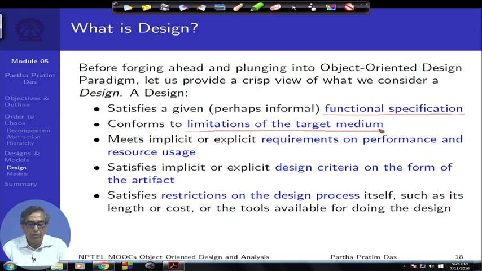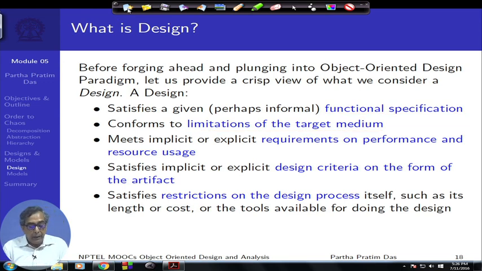What is realistic is, on one side I have the functional requirements of what needs to be achieved by building this system. On the other side, there are limitations of what kind of processor, what kind of architecture, what kind of network connectivity, what kind of storage, what kind of bandwidth, and all these are available for realizing that system. So, that is the question of target medium.